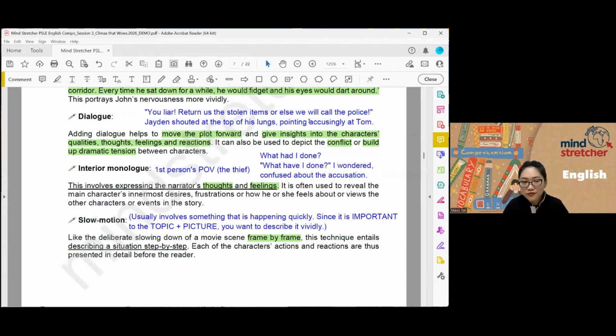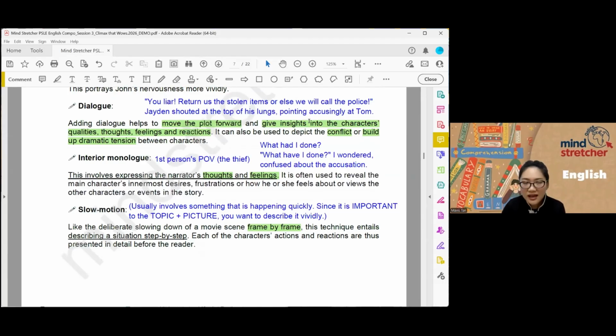So frame by frame, if you are stealing something, how exactly are you moving your arms? How are you moving your eyes to check that no one is seeing? Frame by frame. So picture three, being smashed, right? If you're holding a hammer or if you're holding the laptop and smashing it on the corner of a table, you have to describe it from the moment you pick it up to lifting it over your head.